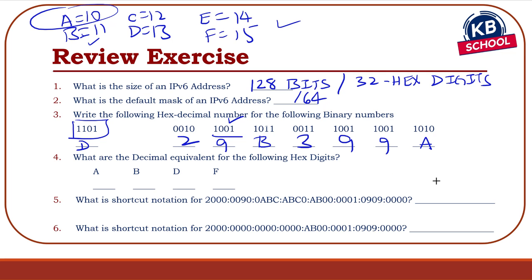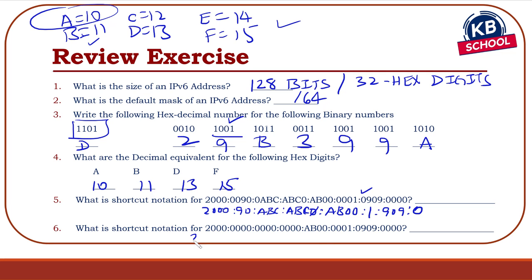The next one: write the following decimal equivalents for the hex digits. That's simple. If I have this table up front, A equals 10, B is 11, D over here is 13, and this is 15. What is the shortcut notation for this address? The shortest shortcut that you can write: 2000 will be as is, 0090 will be 90, 0ABC will be ABC, ABC0 is still the same, this is a trailing 0, AB00 is still the same, 0001 is 1, 0909 is 909, eliminating that leading 0, and all zeros is a 0.